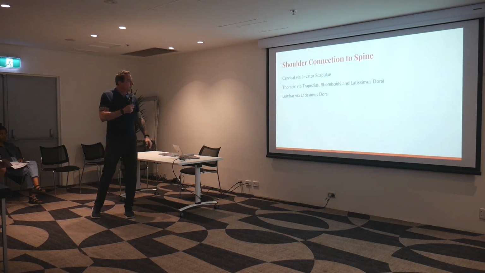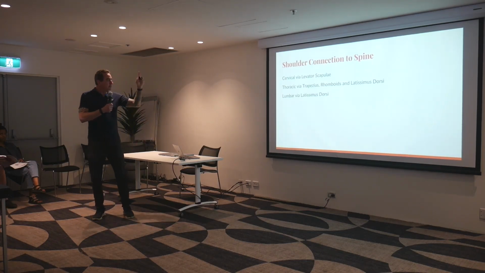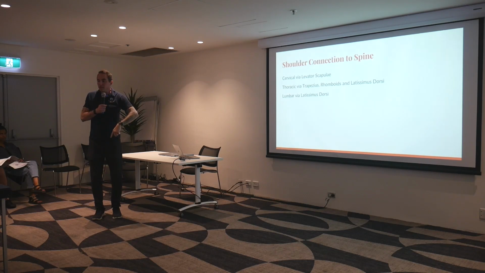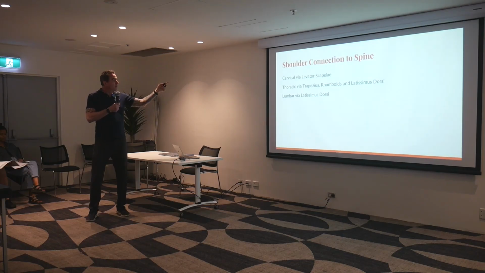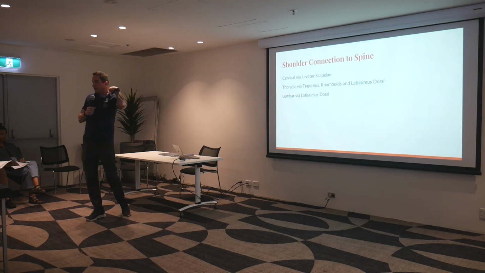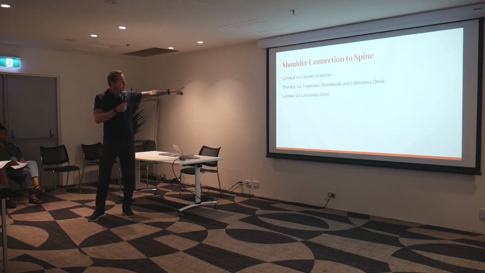So the shoulder is really interesting in that it's connected to the spine all the way from the top to the bottom by different muscles. So you have the cervical part that's connected from the levator scapulae, which goes from the upper part of the scapula all the way up to C1. And then you've got the thoracic via trapezius, rhomboids and the lats, and then the lumbar connection.